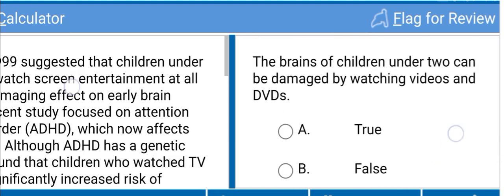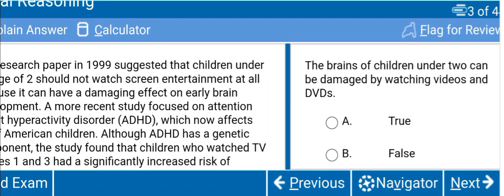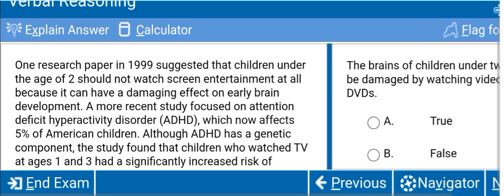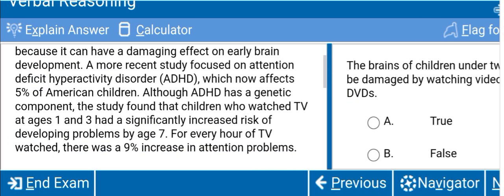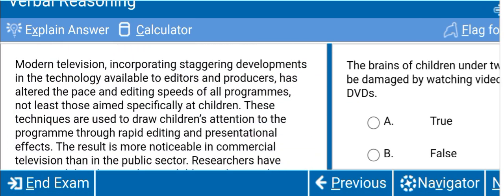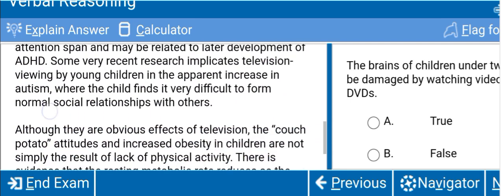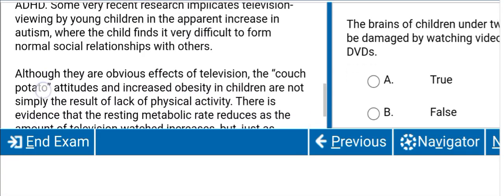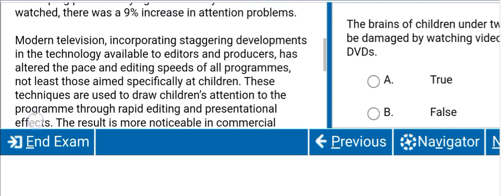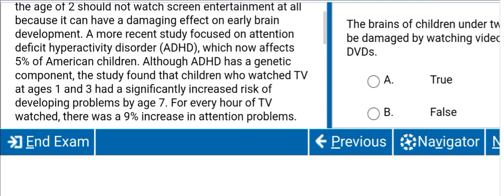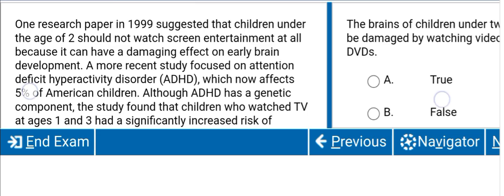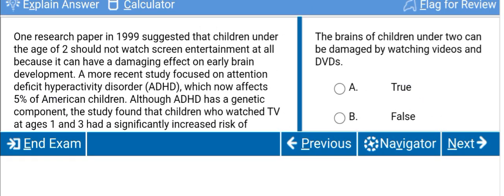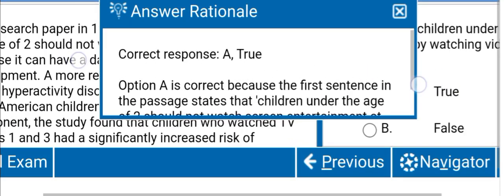Here you can use keywords like watching videos and DVDs and the brain of children to find your answer from these passages. Okay, here we don't see any keyword like DVDs, so let's see which one is the right option.